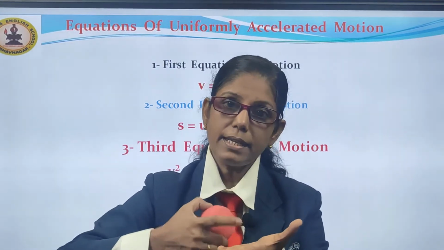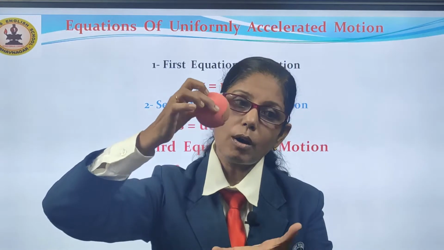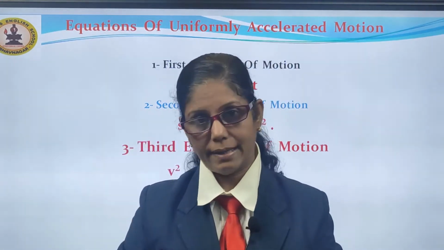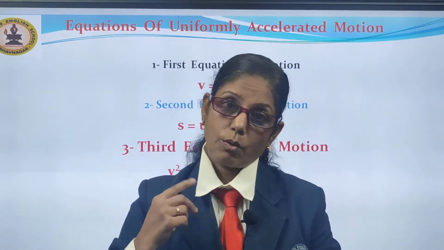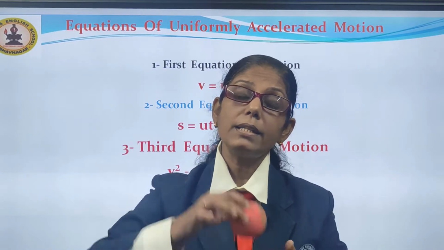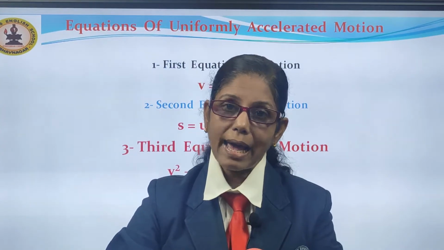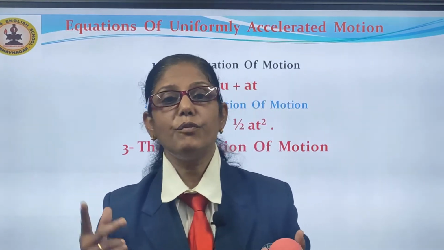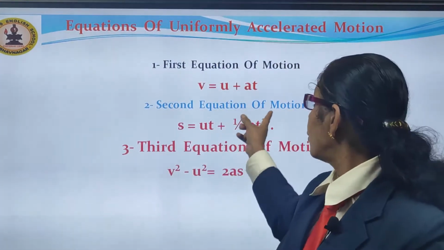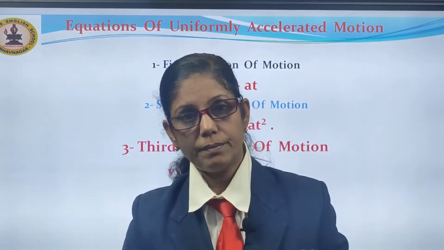And I can understand it is getting good velocity or speed when it touches my hand. So, the question is, how can we calculate the final velocity of this ball when it touches my hand? For that, we have to apply equations of motion.